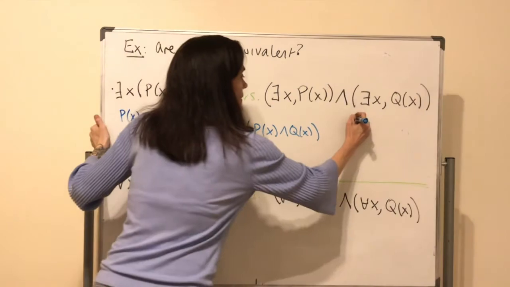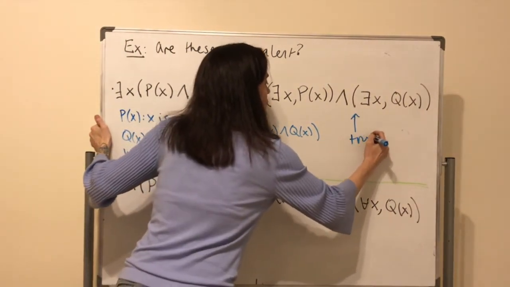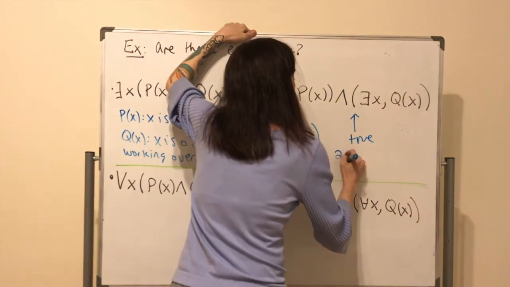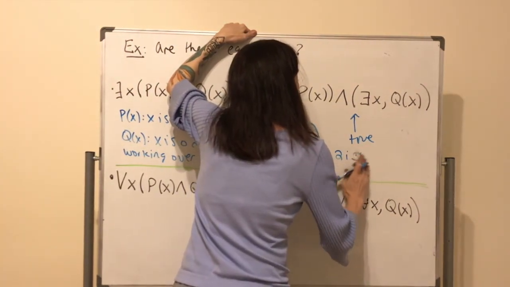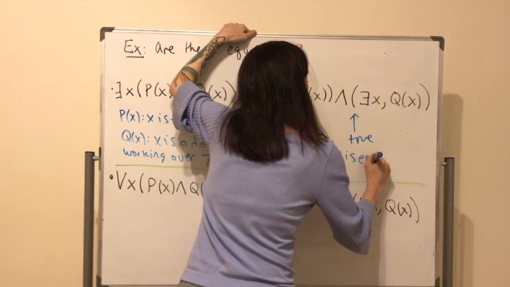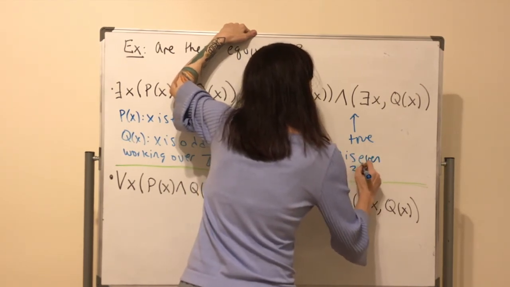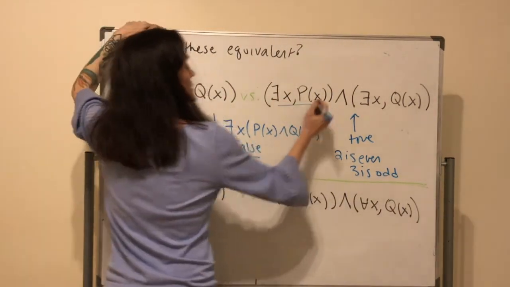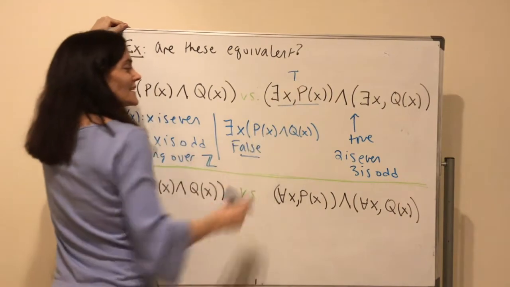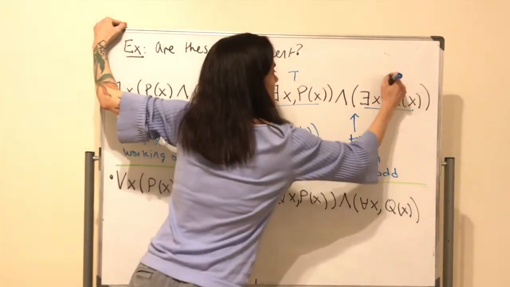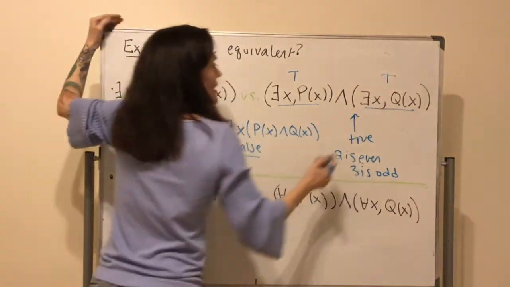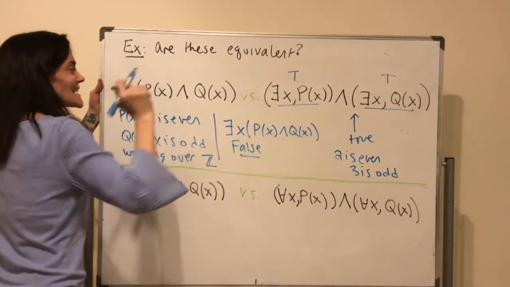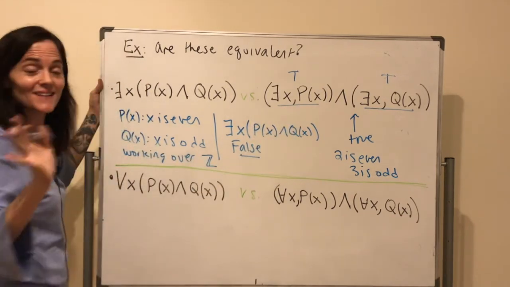However, this one is true in this example, because 2 is even and 3 is odd. 2 is even means this one is true. 3 is odd means this one is true. And then we're just anding two true statements, which is true. So you see, this expression and this expression are not equivalent.